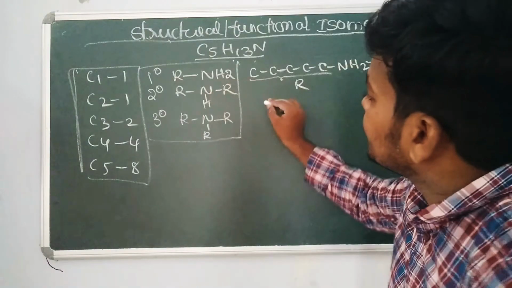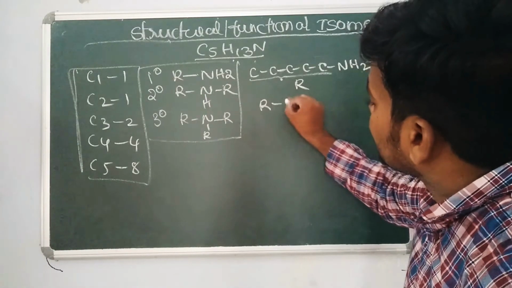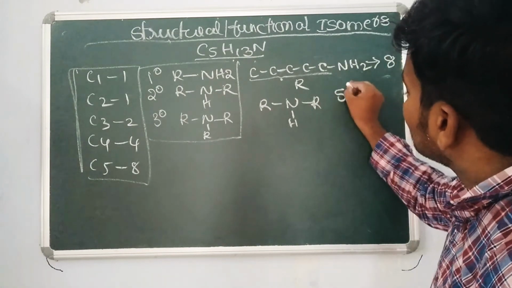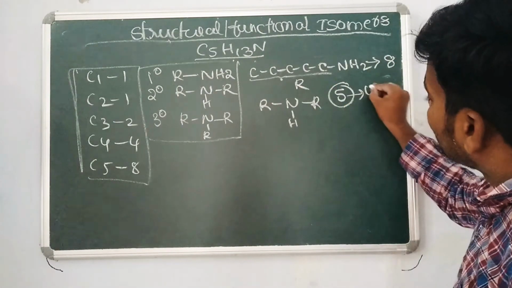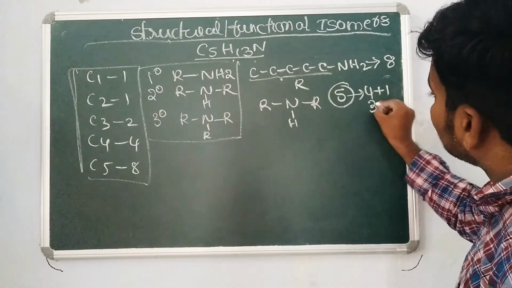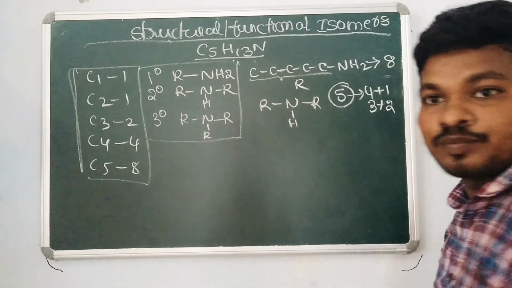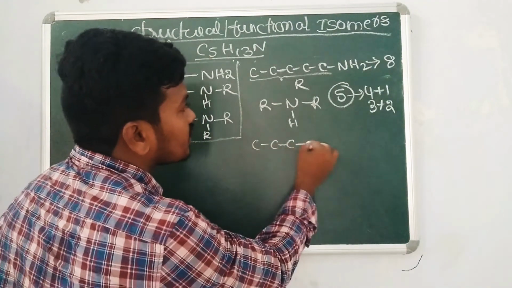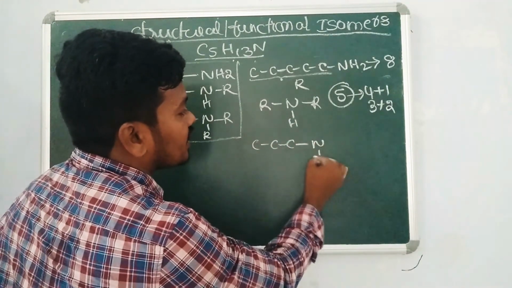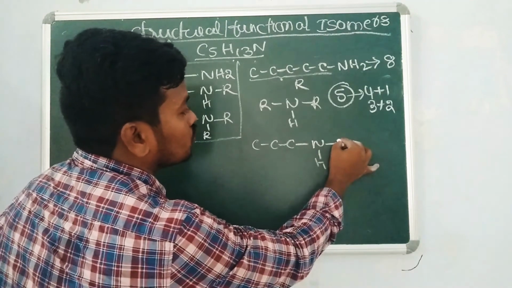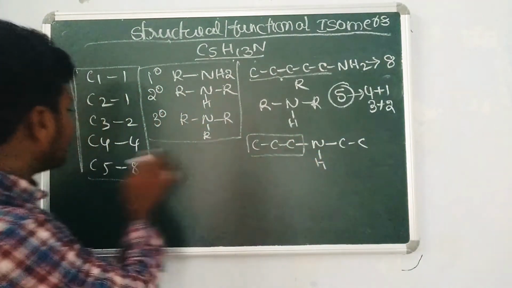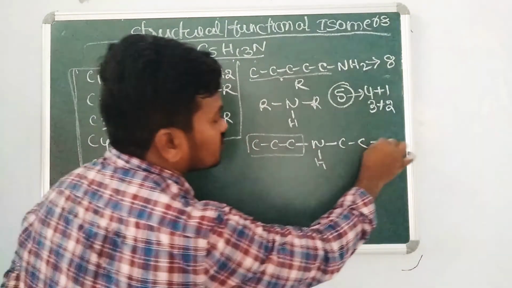Now the secondary amine. That means we write R, N, H, R. We have 5 carbons, and we can write them as 4 plus 1 or 3 plus 2. With 3 plus 2, the highest number of carbons is 3, which means 2 are possible.